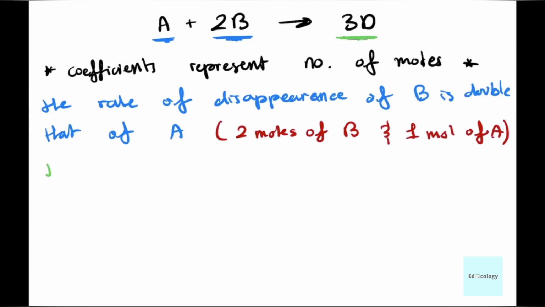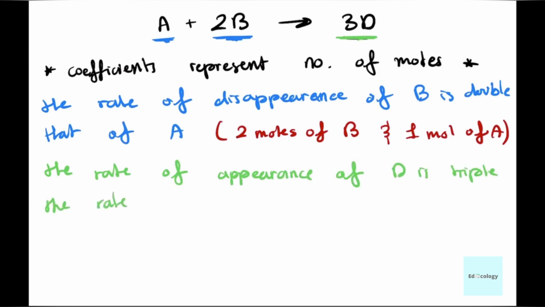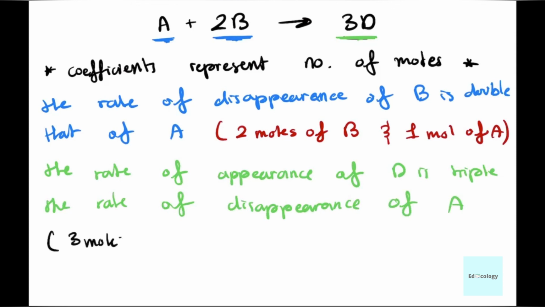The rate of appearance of D is triple the rate of disappearance of A. Why? Because there are 3 moles of D and 1 mole of A.